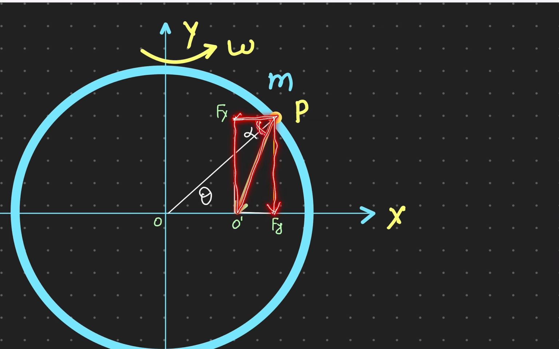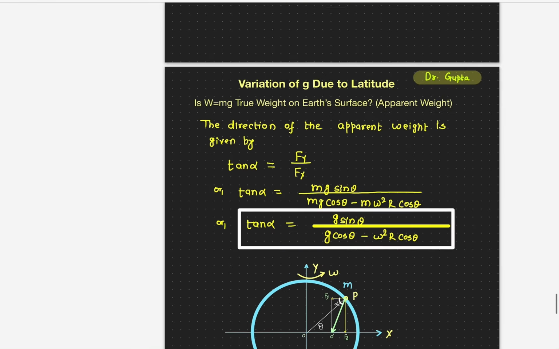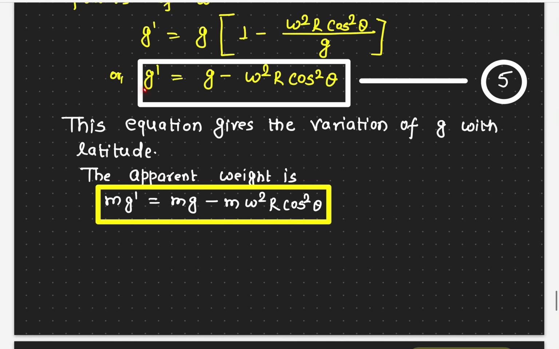If I take the tangent of alpha, it will be the y component fy divided by fx, or rise over run. So fy divided by fx is mg sin theta divided by this term here; m cancels out. So this is the tangent alpha. This gives you the direction of the apparent weight, which does not depend upon the mass. The same here, the acceleration due to gravity does not depend upon the mass, so for each object the apparent weight, and in fact the acceleration due to gravity, would be independent of the mass.